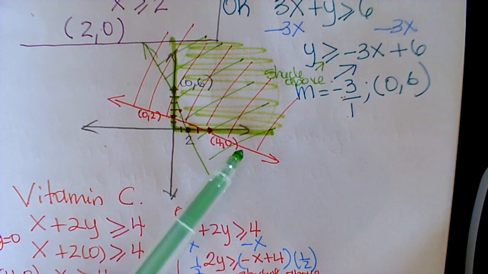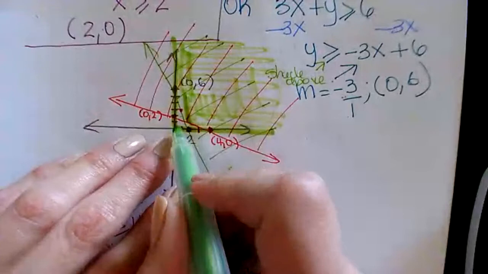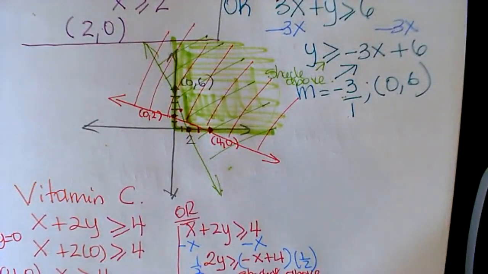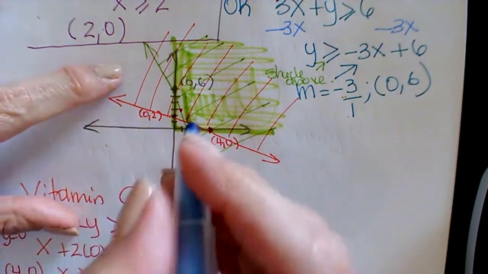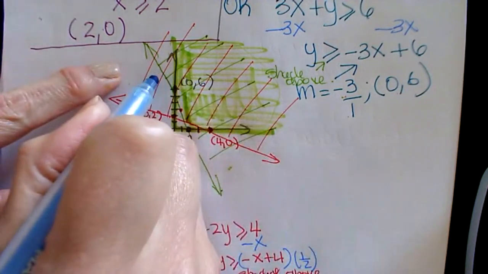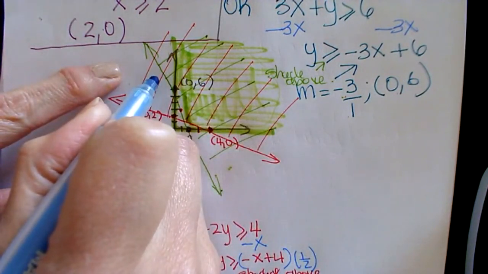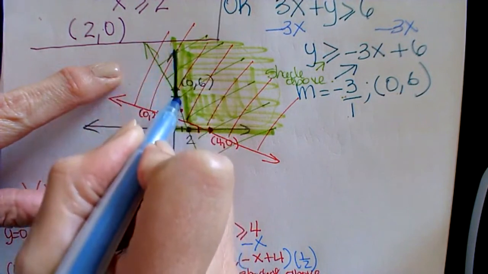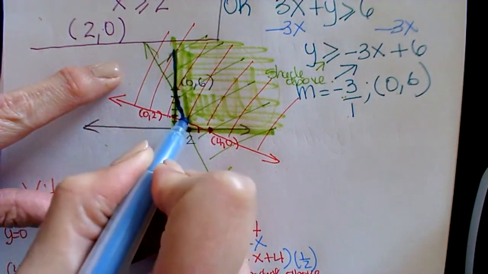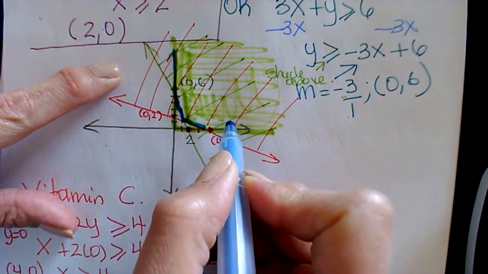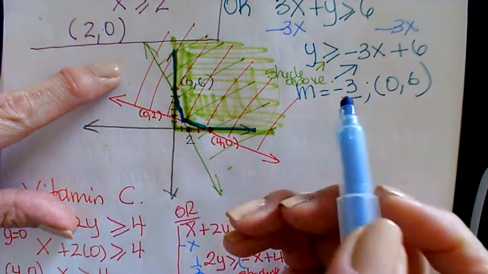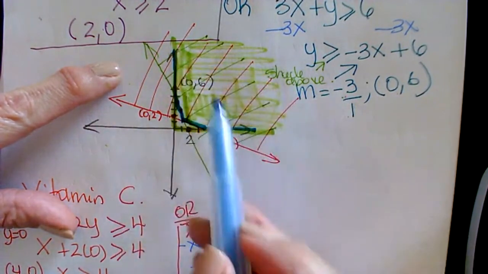So anywhere in this area where the two of them intersect, which is going to be just right here, not even this part, is actually going to be everything inside here.